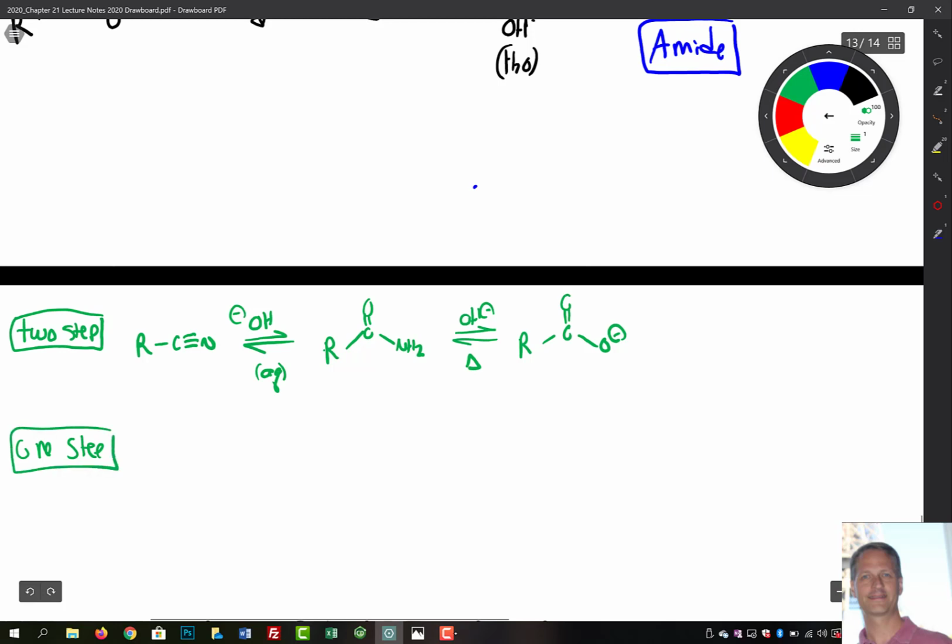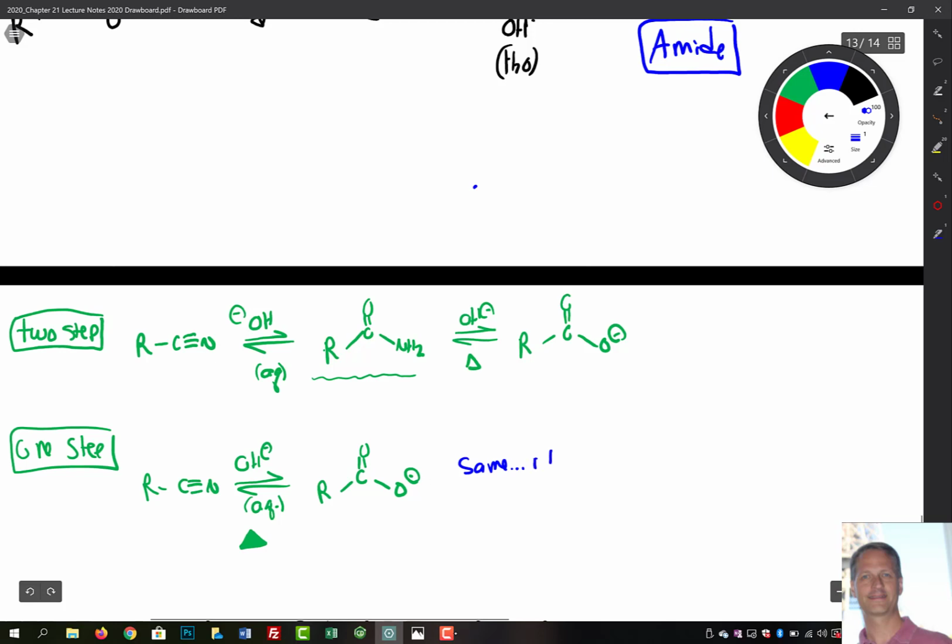And then there's the one-step method. That one-step method would take your nitrile, and then you'd have OH minus, right, aqueous, and then also notice heat, so we'll add heat here. So with that heat, then you just skip this little intermediate and you would become the full carboxylate then, right? And that's similar to the same idea, I should say, here.